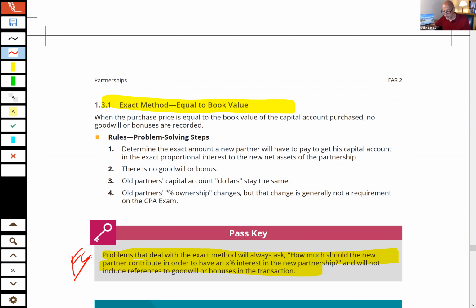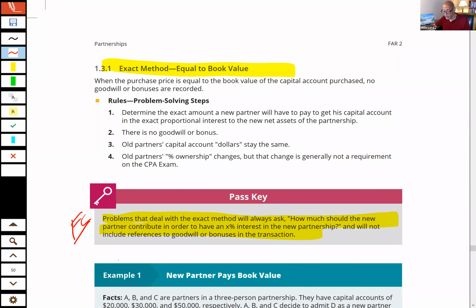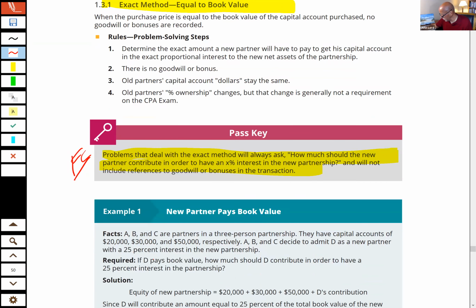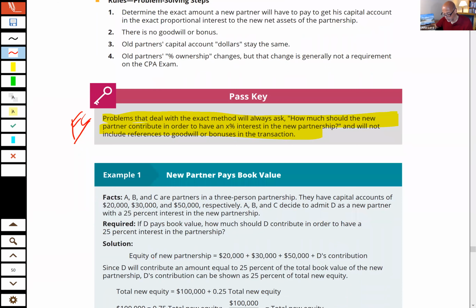I usually don't pay attention to those because I don't find them particularly helpful, but for this one, it is. If it's the exact method, they won't say use the exact method. They'll ask you, how much will the new partner have to contribute in order to have a, whatever it is, 25%, 33% share of the partnership?